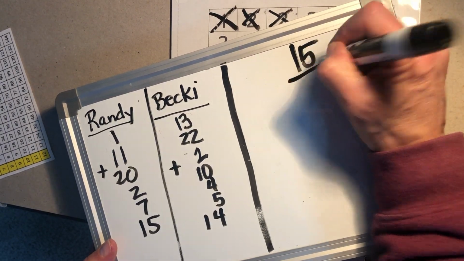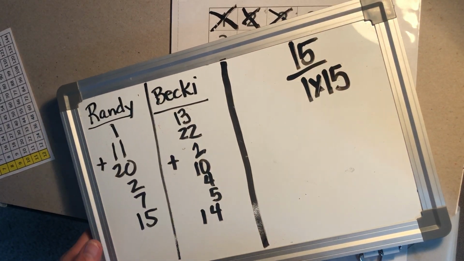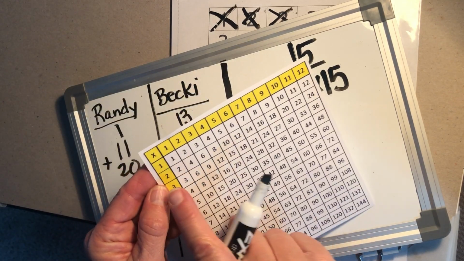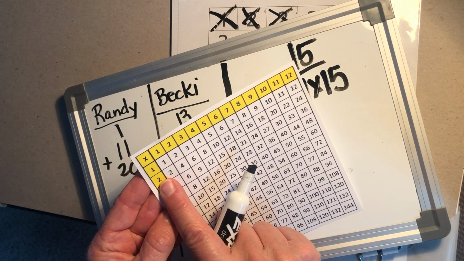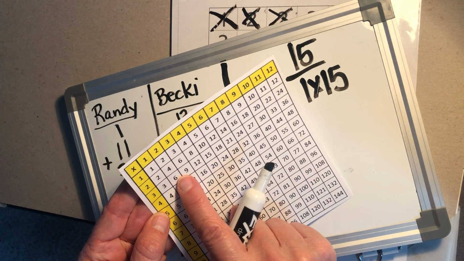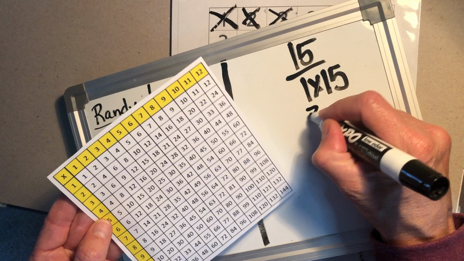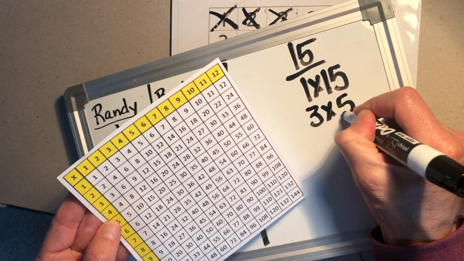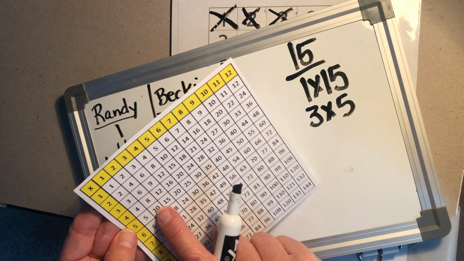I write 15 here and I write all the factors of 15. I always start with 1 times itself. Nothing times 2 since it doesn't end in an even number. 3 times 5 is 15. Anything times 4? Nope. How about 5?